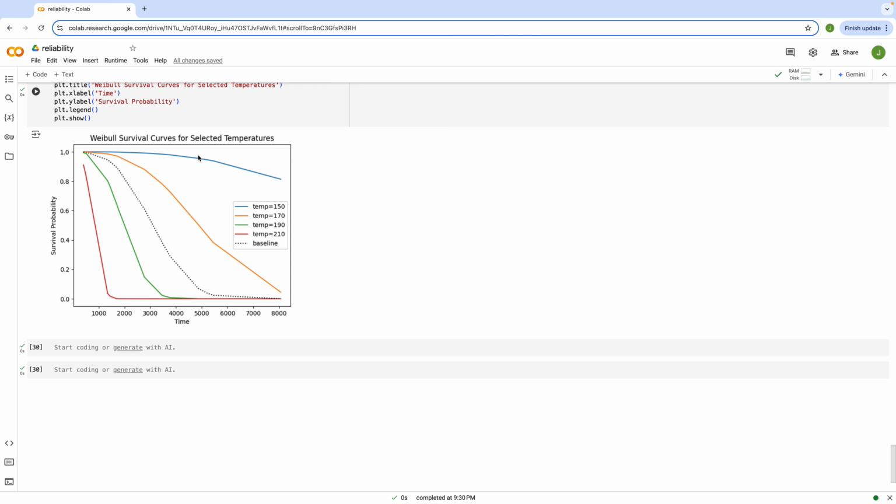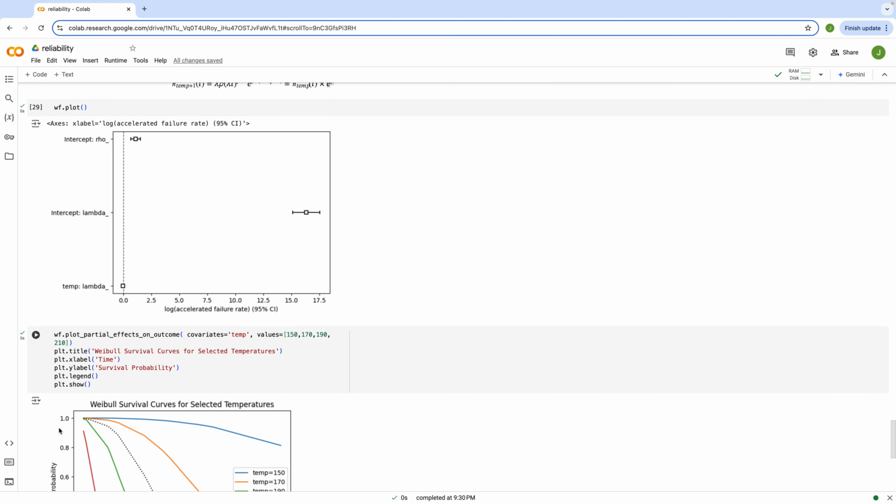So if you're at a low temperature, you're going to survive longer for your motor. But with this green one, you're going to fail sooner than the baseline, and the red one is really not a great sign for your motor.